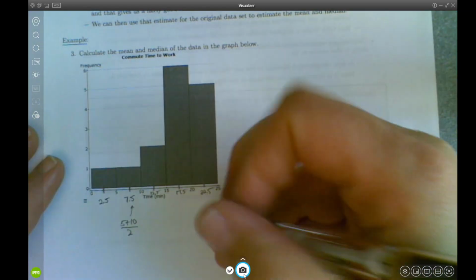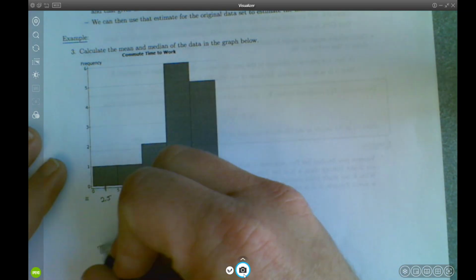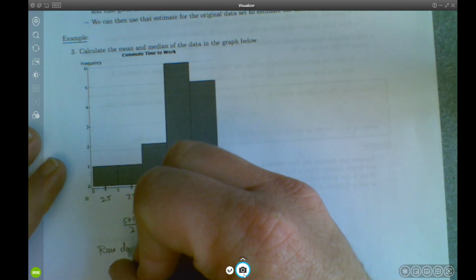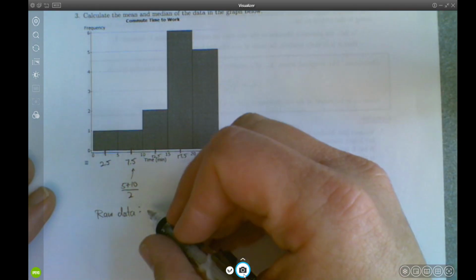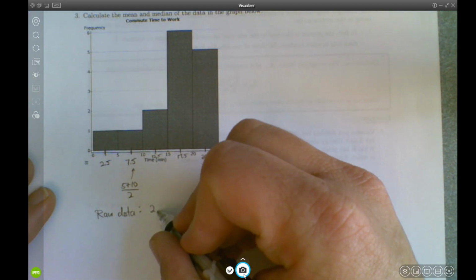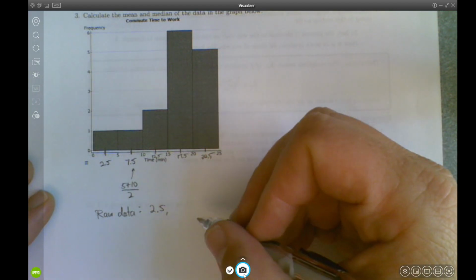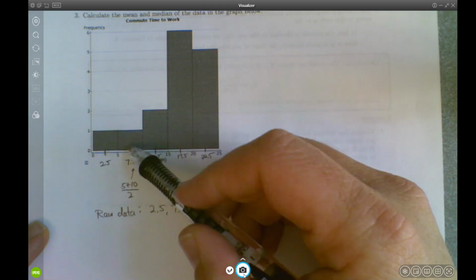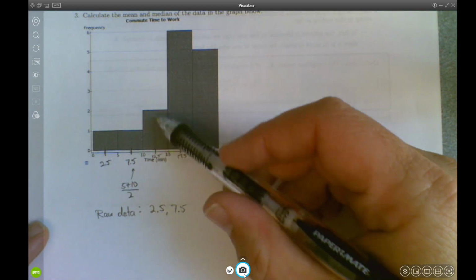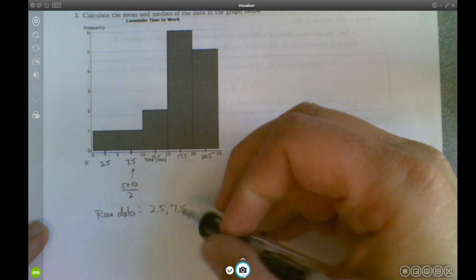And then I can reconstruct my data set, right? So I can say my raw data would have looked something like this, maybe not exactly, but something like, well, there was one individual with a commute time of 2.5 minutes. There was one individual with a commute time of 7.5 minutes. There were two individuals with a commute time of 12.5 minutes.